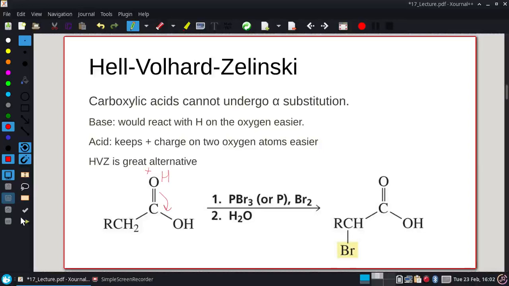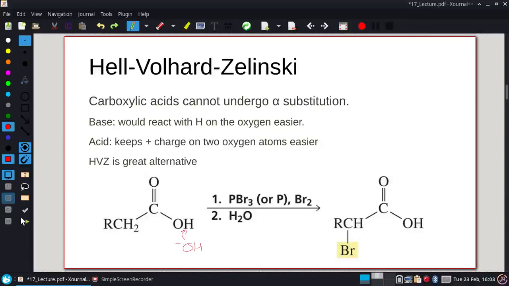So I don't actually make this more reactive, and I don't create that enolate ion. If I try to do this under basic conditions, my OH just comes in here and removes that H because it's much more acidic. So under acidic or basic conditions, I actually can't do anything at all with that alpha position. So what we do instead is this HVZ reaction.